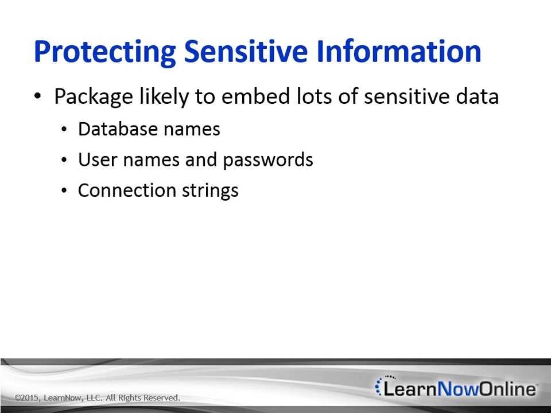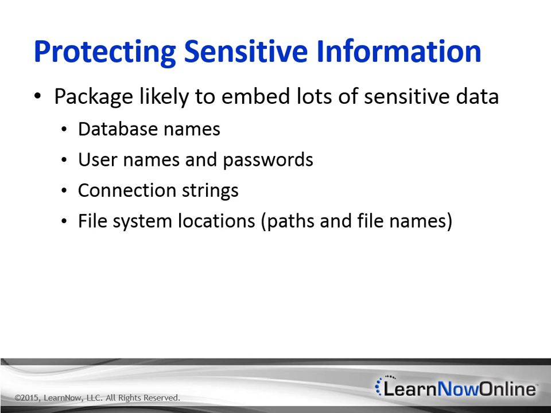Connection strings, both because of the metadata that they can contain, like the name of the catalog, name of the server, name of the database, but also because connection strings can include usernames and passwords as well. File system locations, things like paths and file names. Again, very useful information.